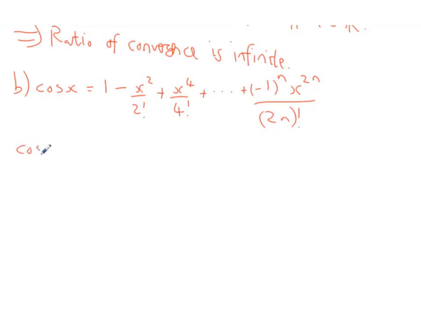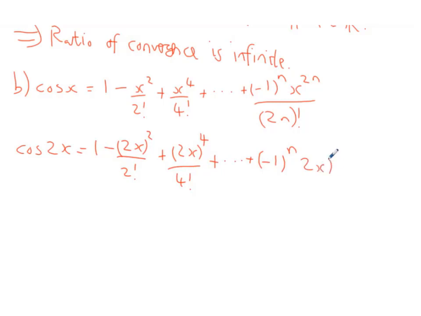So for cos 2x, all we need to do is just replace the x with a 2x. So it's going to be 1 minus 2x squared over 2 factorial plus 2x to the 4 over 4 factorial plus dot dot dot plus the minus 1 to the n bit's not going to change, but then we're going to have 2x to the power 2n over 2n factorial, which also isn't going to change, only the x bit.